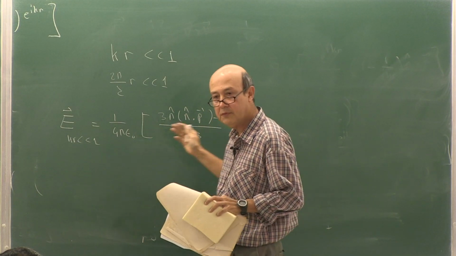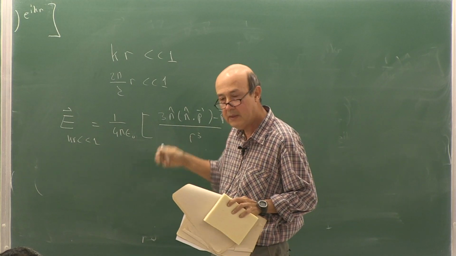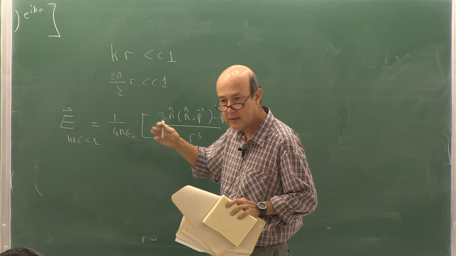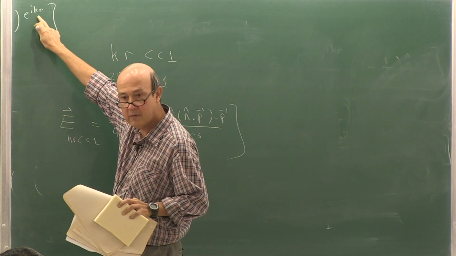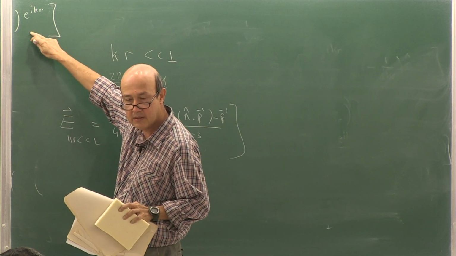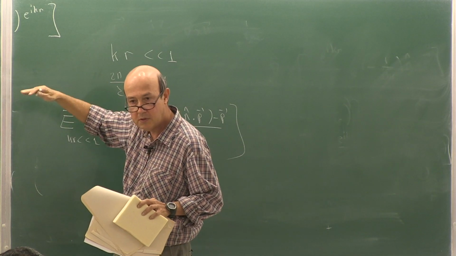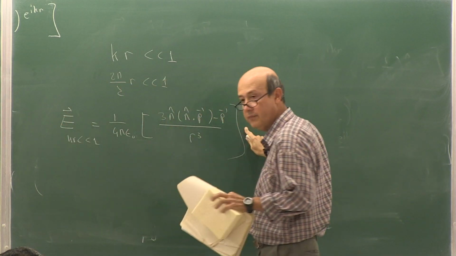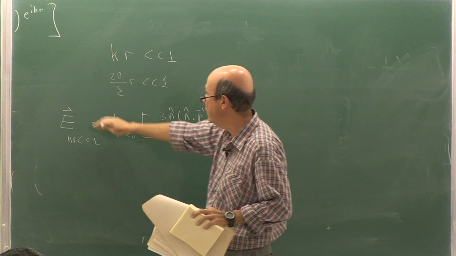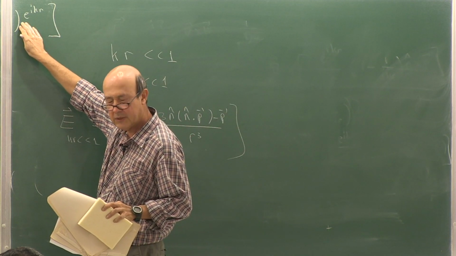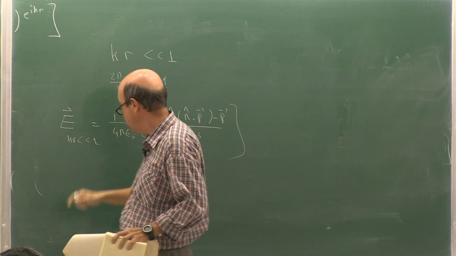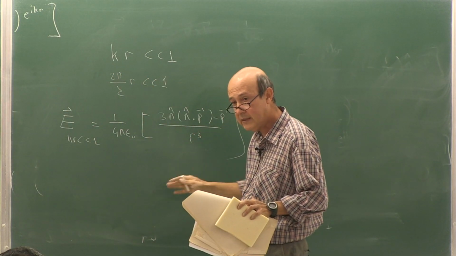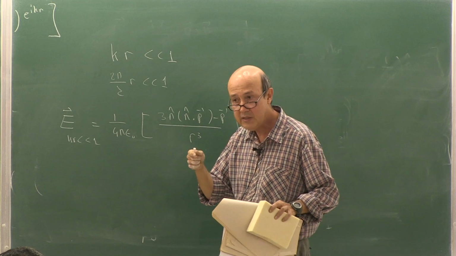Yes, it is oscillating if you multiply by e to the i omega t, but in space, is it oscillating? Is there any oscillatory term here? In the general expression you have e to the ikr, so with distance there is an oscillatory term. But here, no, because when kr is small, e to the exponential goes to 1. So in space, there is no oscillation. That's why they call it near static.